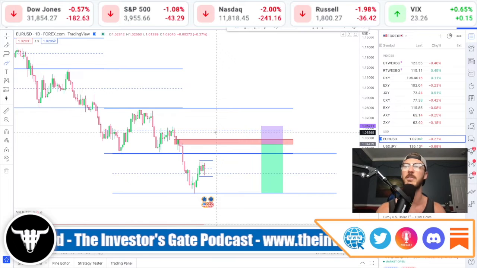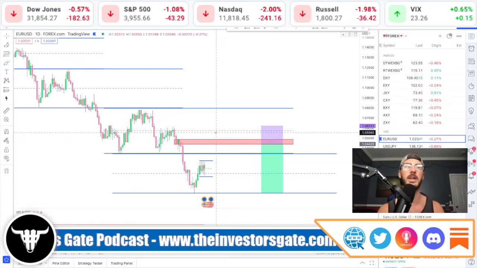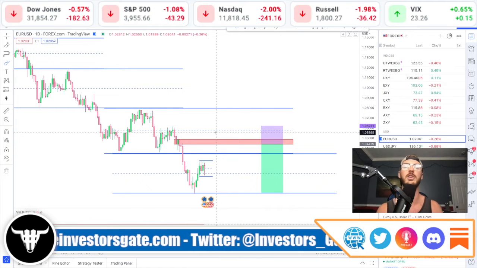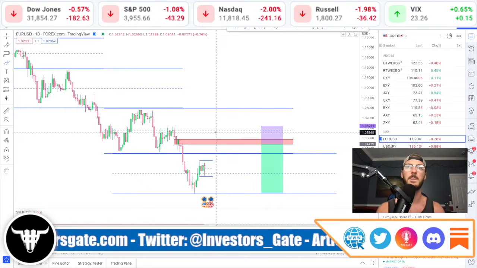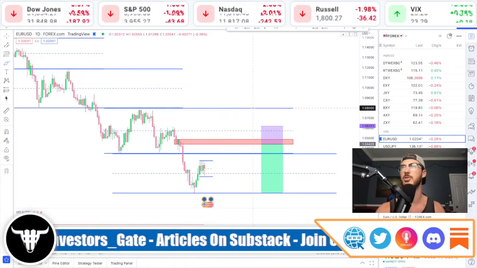They were expecting 25 basis points. And so the euro presumably would go higher because the market hadn't fully priced in that interest rate change, because now interest rates are moving up faster than expected relative to the dollar, because that's really what drives, in a macro sense, these foreign currency exchanges.